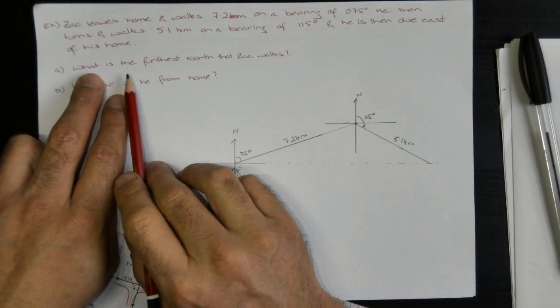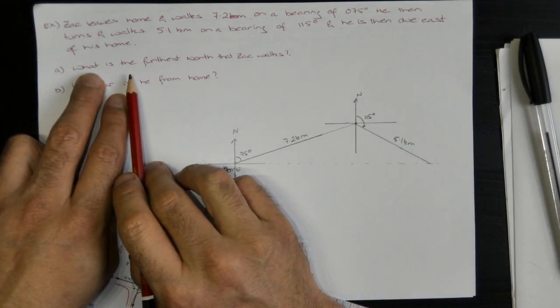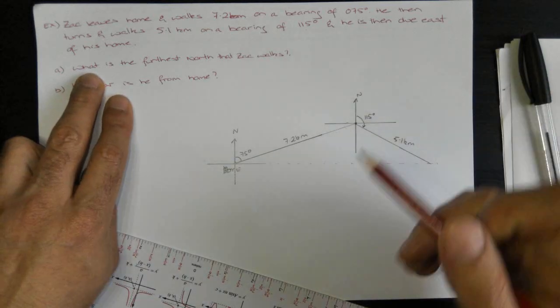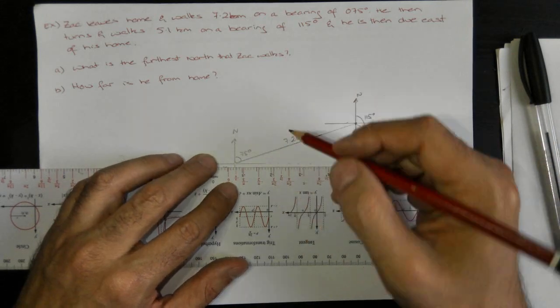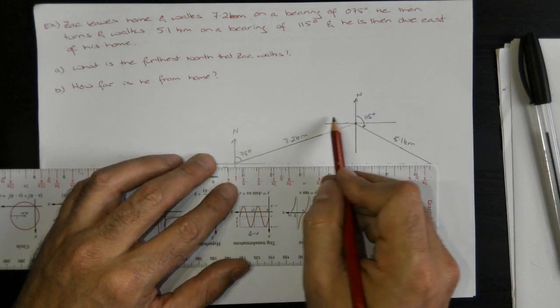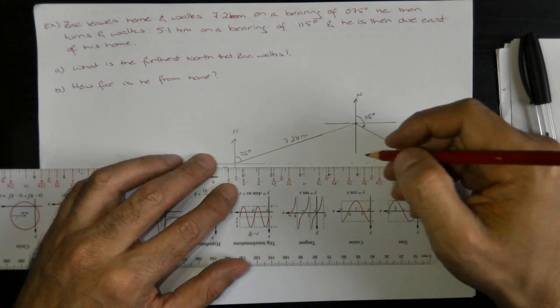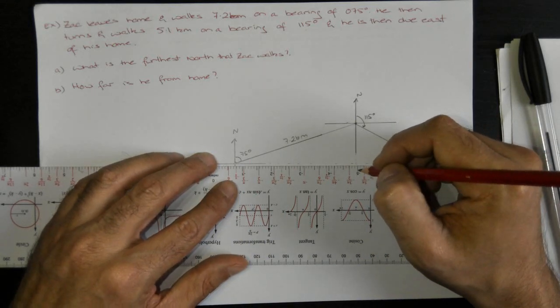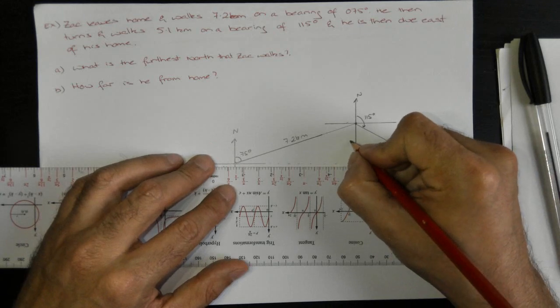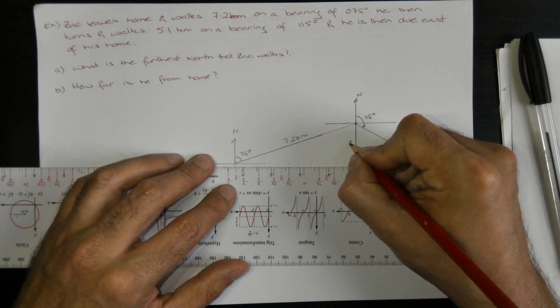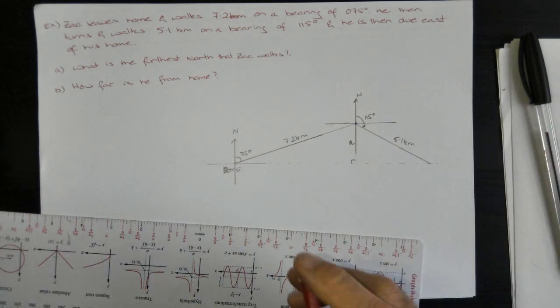What is the furthest north that Zach walks? So we really want to find out this distance here, how far north he has gone. So I could draw a triangle here and try to find this, or I can notice that that's going to be the same length. So I want to find out what this, we'll call that A, what that distance is.